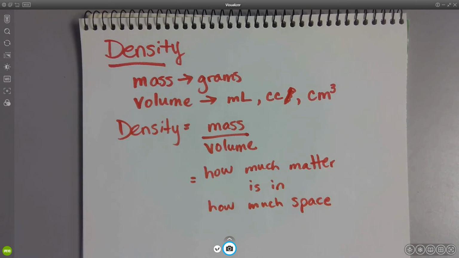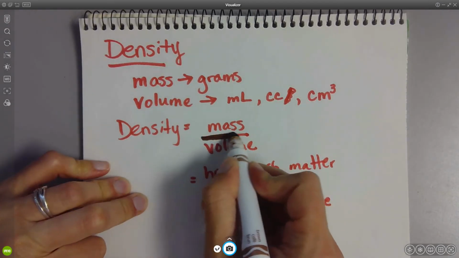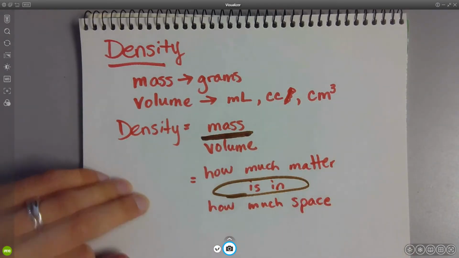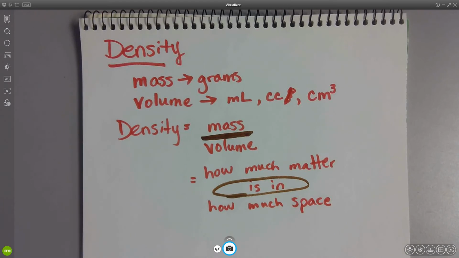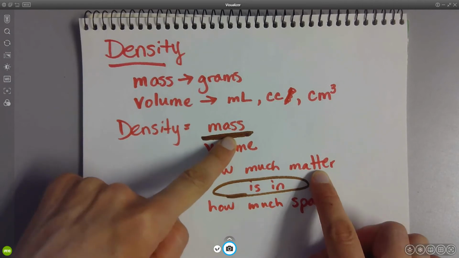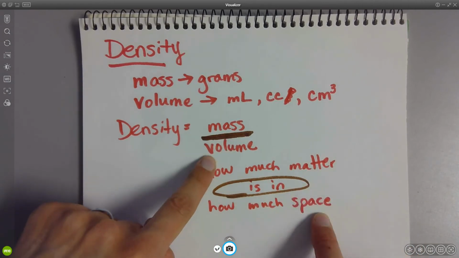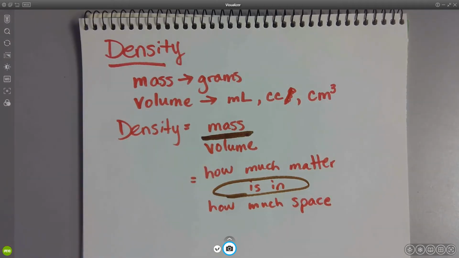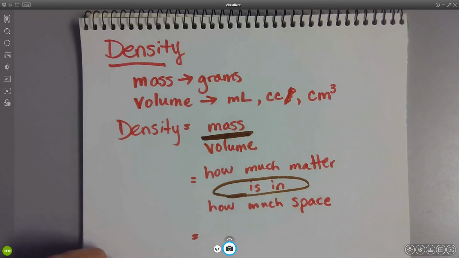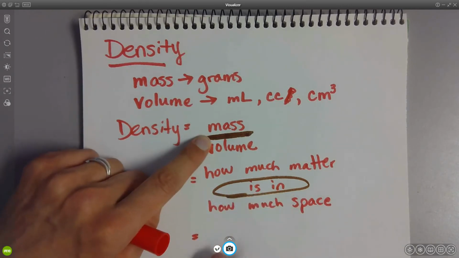And then just to emphasize how these two things are really the same, you see how that color coding helps you see that? Because mass is how much matter, and volume is how much space. So when we measure density, we end up measuring it with these units of measure. What's on the top?